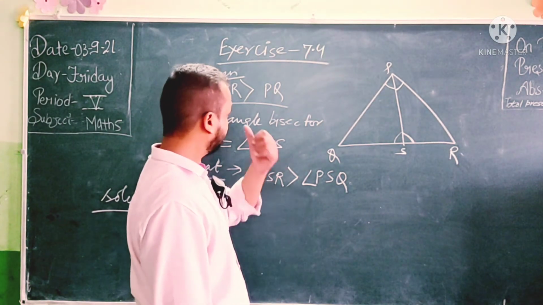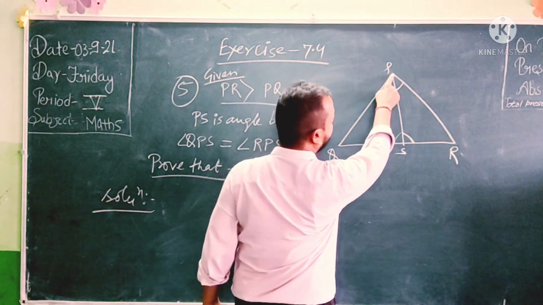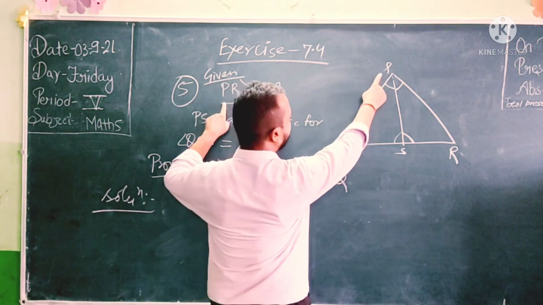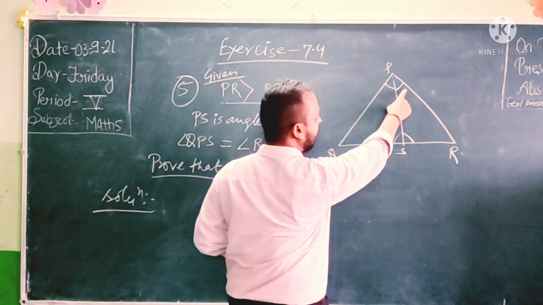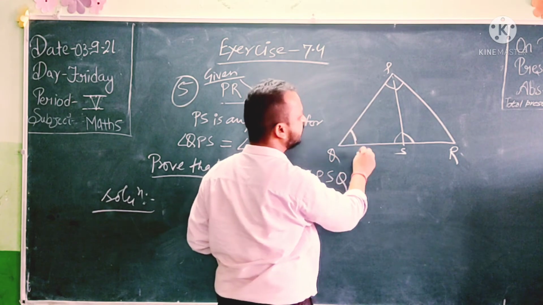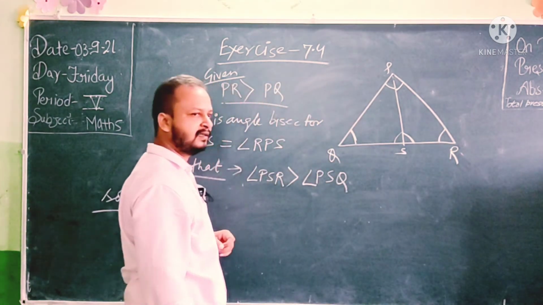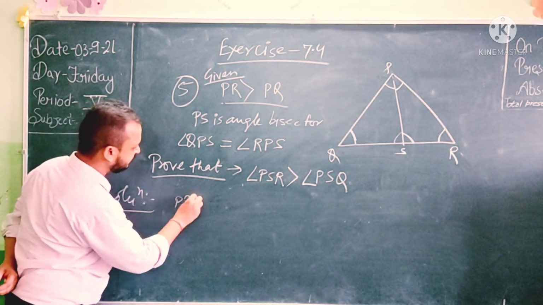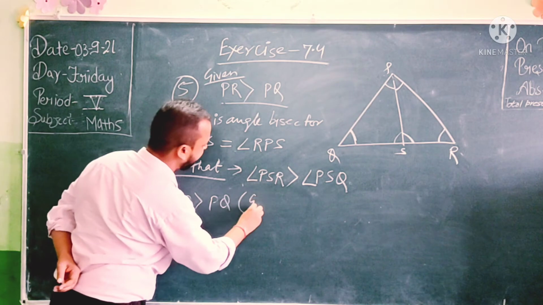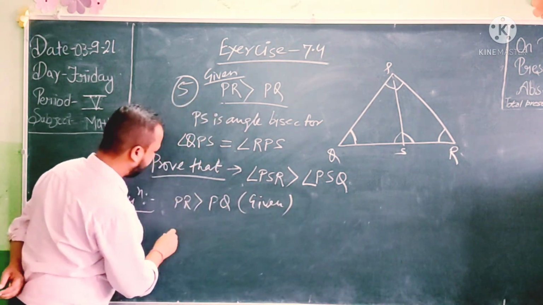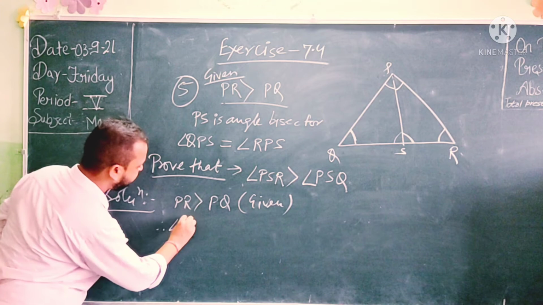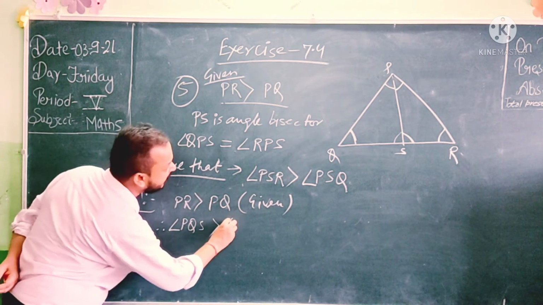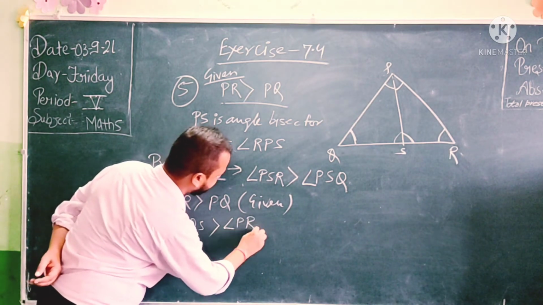So here it is given that this side PR is greater than PQ. If side is greater, it means this angle is greater than this angle, right? PR is greater than PQ, it is given. Therefore, angle PQS is greater than angle PRS.